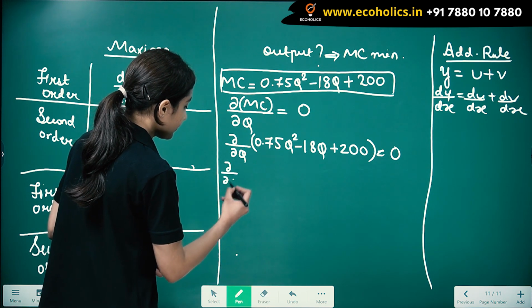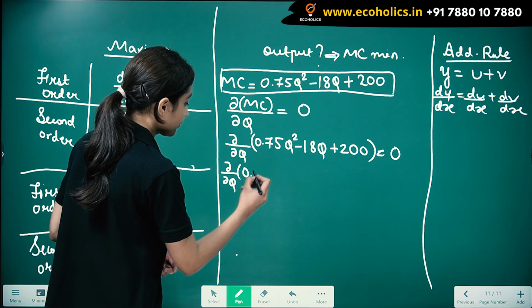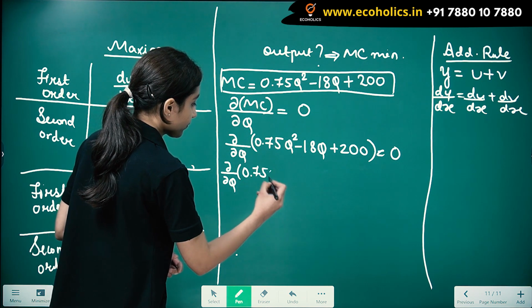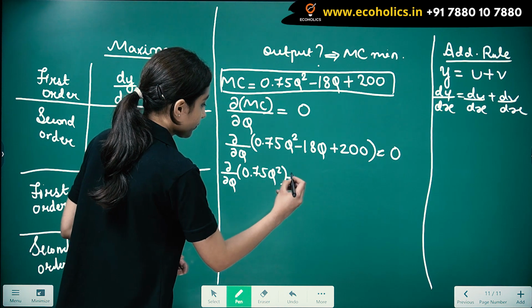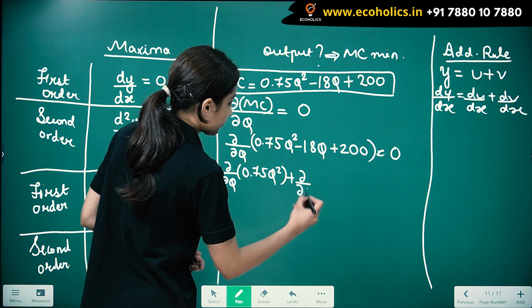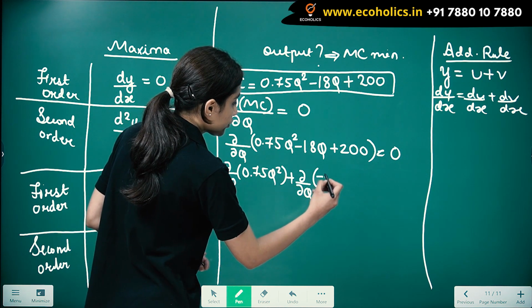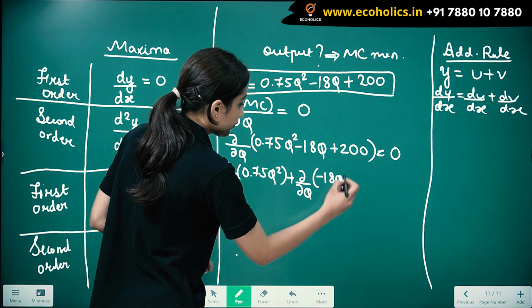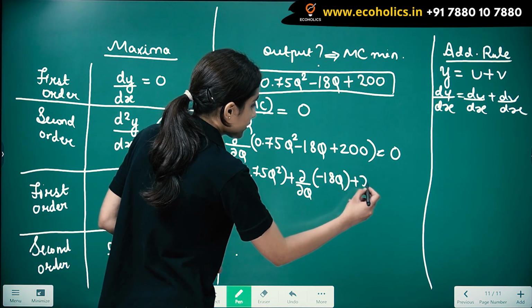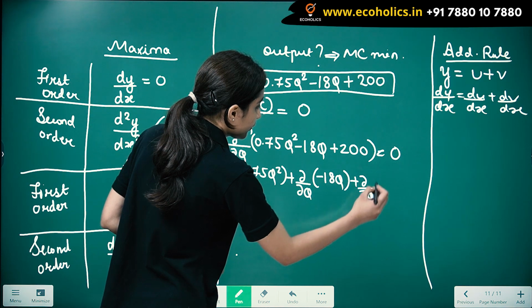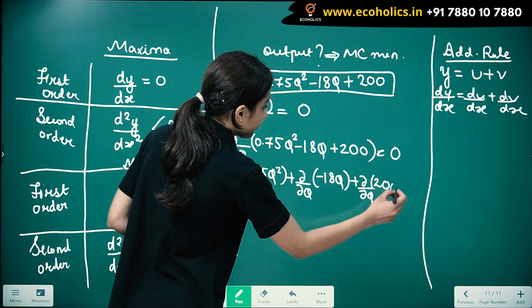So this becomes differentiation of 0.75Q square, plus differentiation of minus 18Q, plus differentiation of 200.